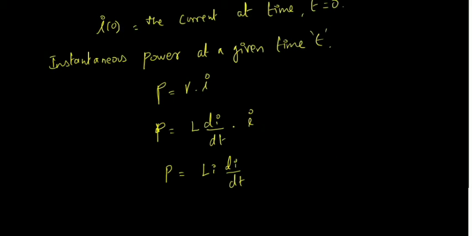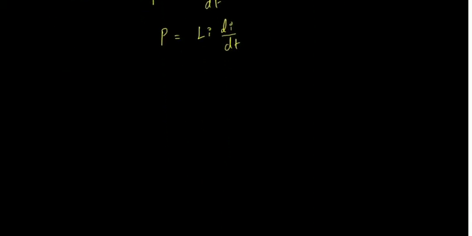When current is constant, the derivative is 0 and there is no additional energy stored in the inductor. When the current increases, the derivative is positive and the power is also positive and additional energy is stored in the inductor. That is how this inductor works.